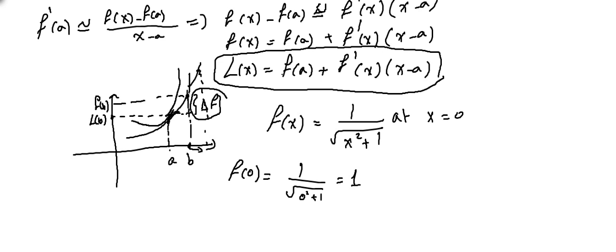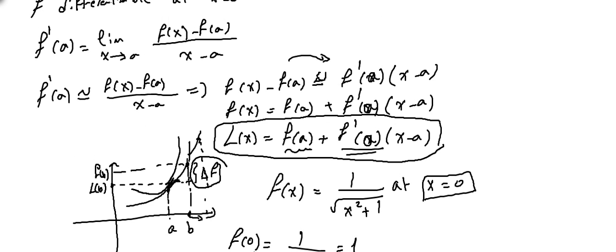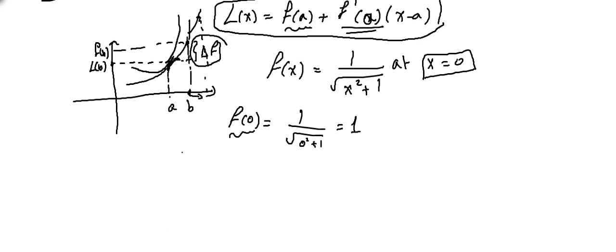And what else do we need? This is f of a, this is f of 0, because a is equal to 0 over here. We need also f prime of a actually, so we need to find f prime of x.